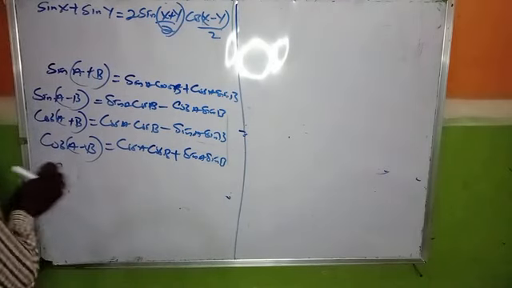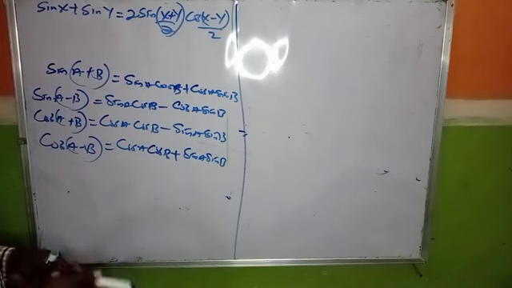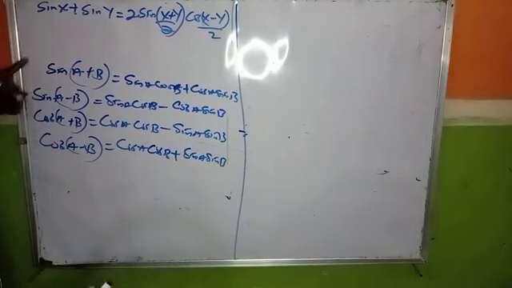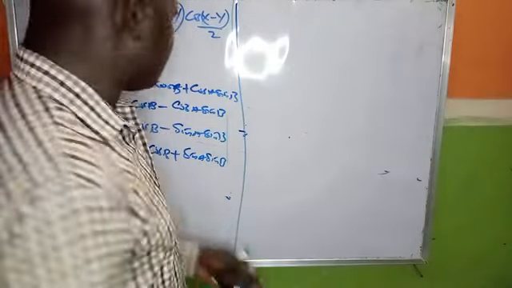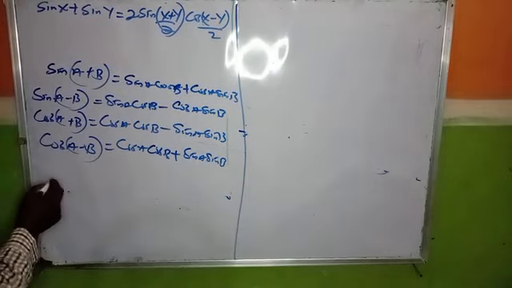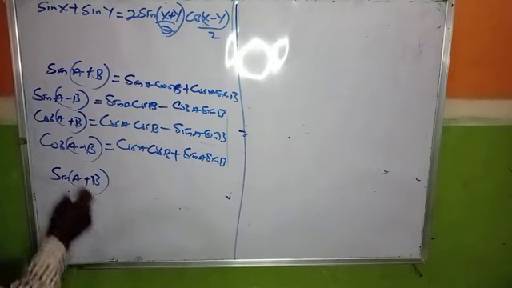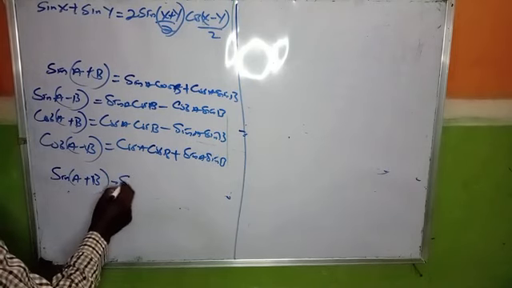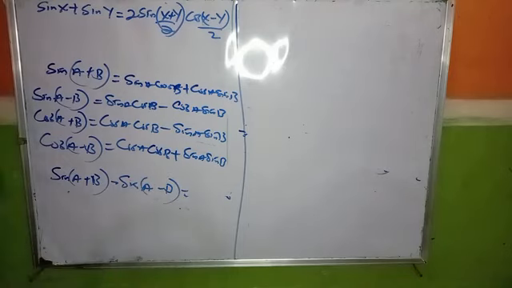Again, minus it again. Subtract expression 1 from 2. If you subtract it, this is what you are going to have. This minus this, so we have sine a plus b minus sine a minus b.